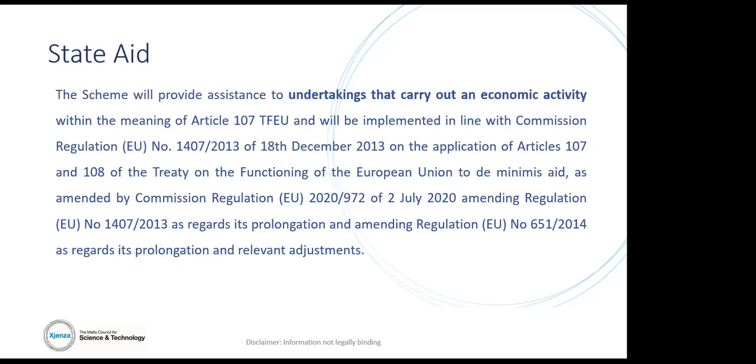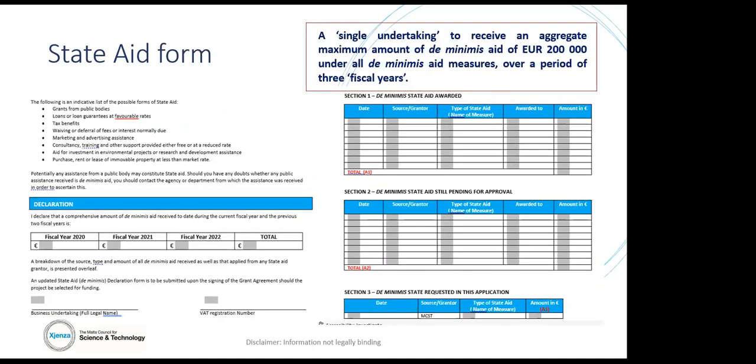If you are a state aid, here the scheme will provide assistance to undertakings that carry out an economic activity. So make sure you look at the rules for participation for state aid if you think that you fall within state aid rules. There's also a state aid form that you need to fill up if you fall under the state aid rules. If you are non-state aid, you do not need to have a look at this. But if you are, this is simply a snippet of the state aid form.